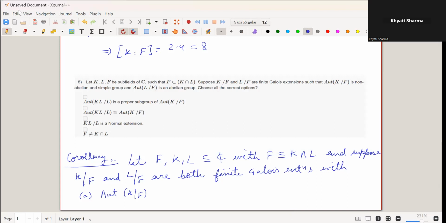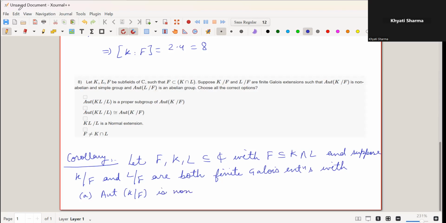So as I said, we require this corollary. The corollary says that F, K, and L are subfields of C, with F contained inside K intersection L, and suppose K over L and L over F are both finite Galois extensions with the automorphism group of K over F non-abelian simple.